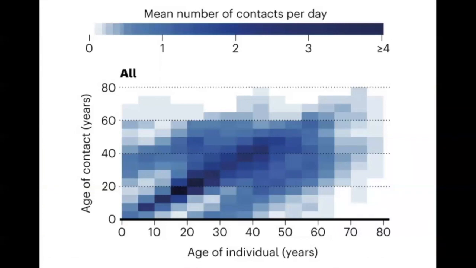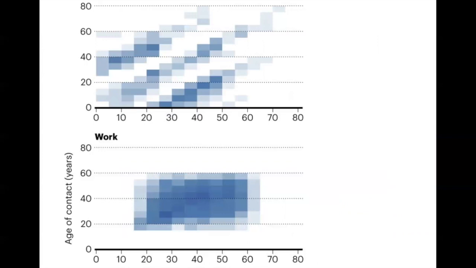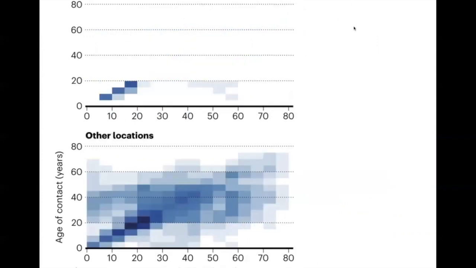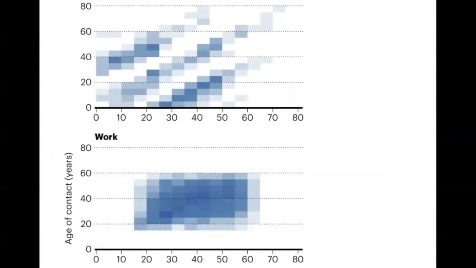From Nature, a graph of mean numbers of contacts per day, which also differs by age or at work. I can't even read the top one here.